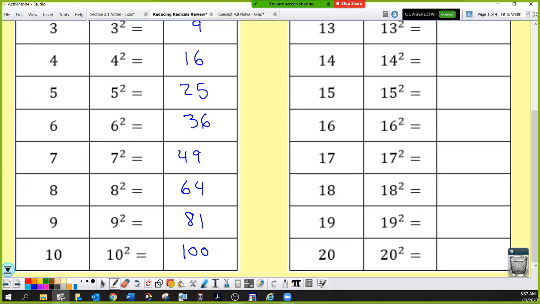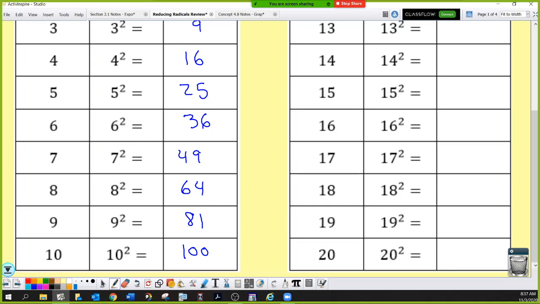Now, obviously, 1 squared is 1. That one's not really super important because it's never going to matter. But the other 9, 2 through 10 squared, are imperative. You either know those or just take an L, okay?